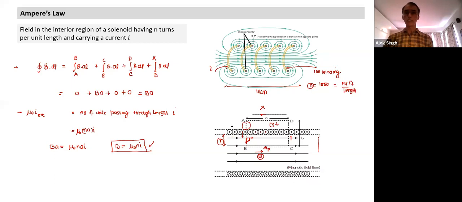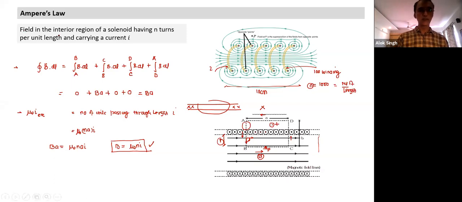But this uniformity holds if the solenoid is a long cylinder: the uniformity will be there in the central region, not near the end region. The field lines, you notice, are parallel here, but when you go to the end, they start flaring out and the field decreases. So the field is uniform in the interior region. What does interior region mean? It depends on the radius.